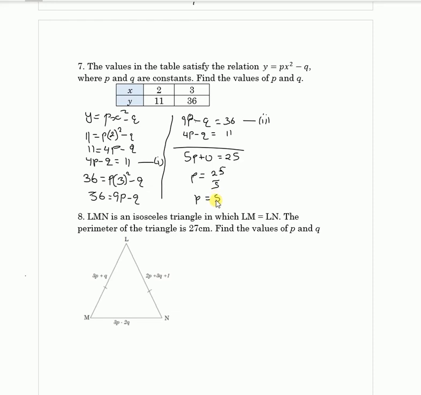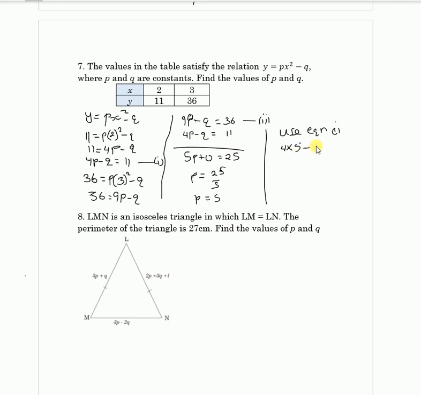And p is equal to, we have got that p is 5, and we can now use equation 1. Using equation 1, you can get the value of q. So we have that 4 times p, which is 5. We are substituting here 4 times 5, minus q.